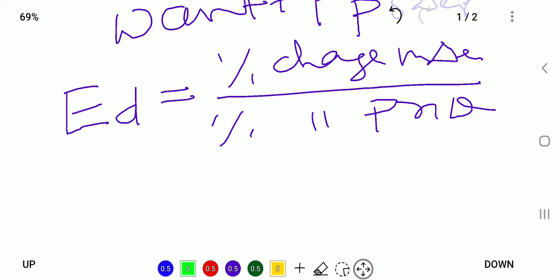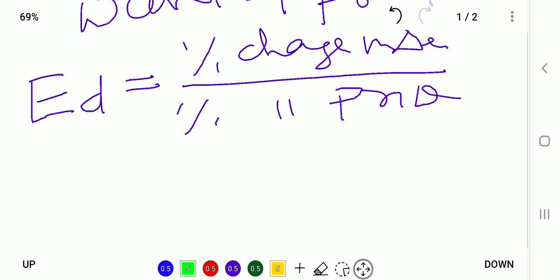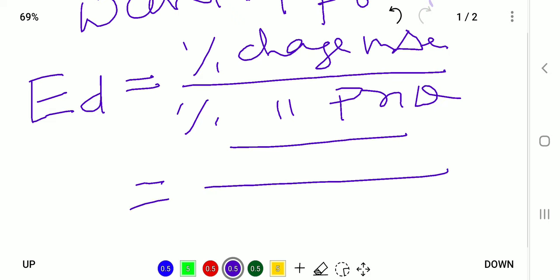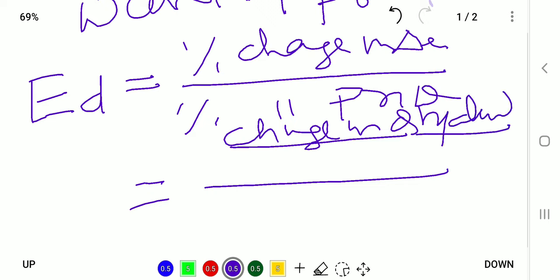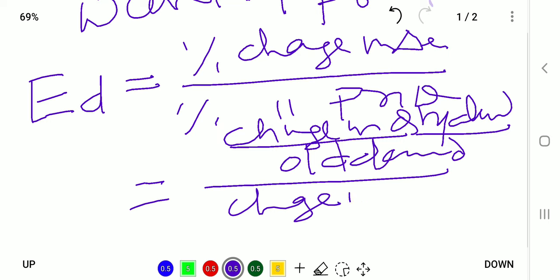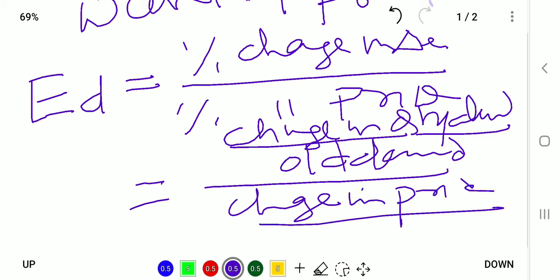Now symbolically it is denoted by two things, that is change in quantity demanded divided by old demand, and change in price whole divided by old price, right?